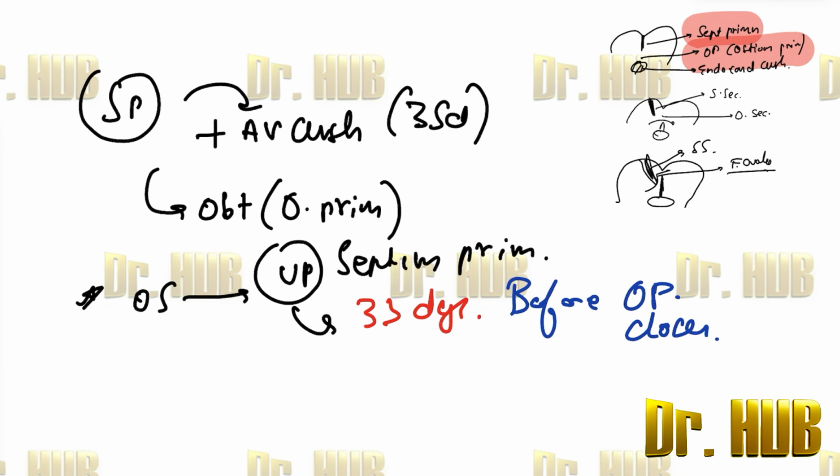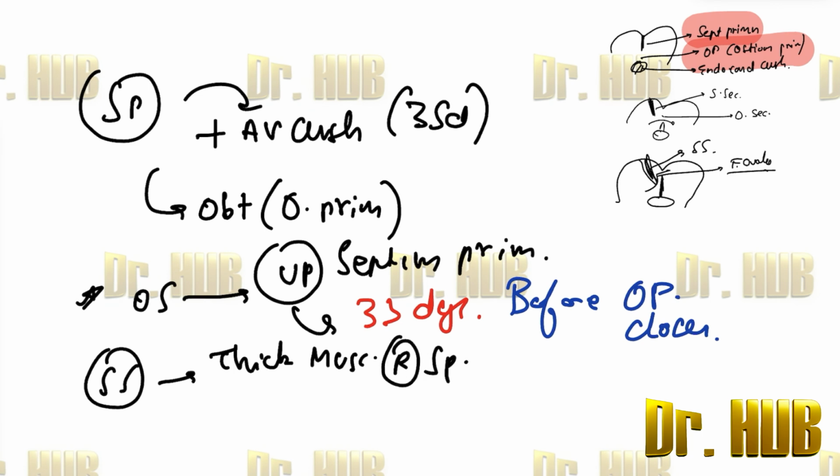Next, what we have is the septum secundum. The septum secundum is a thick muscular septum, and it arises from the right of the septum primum.